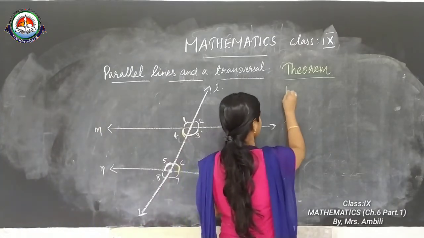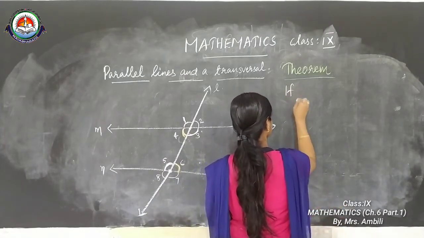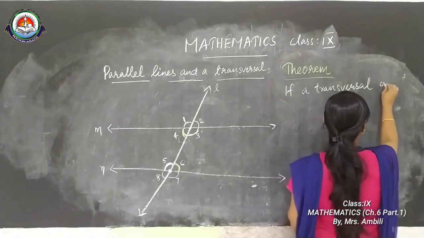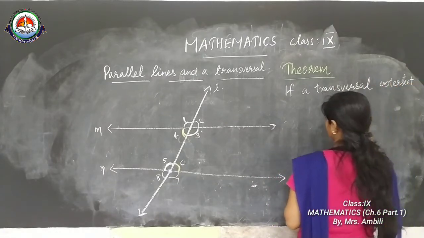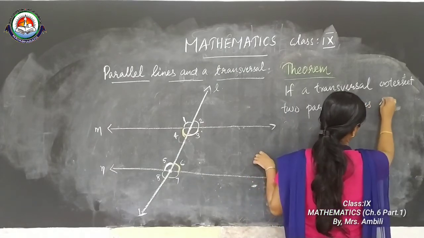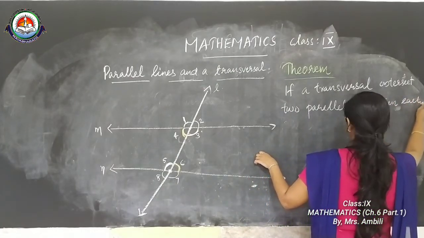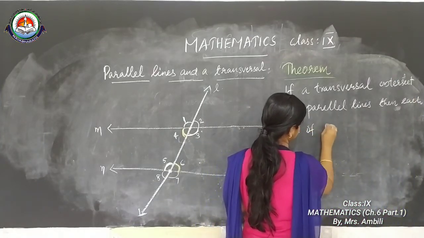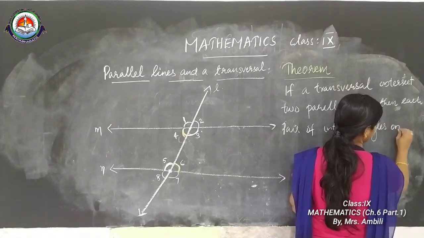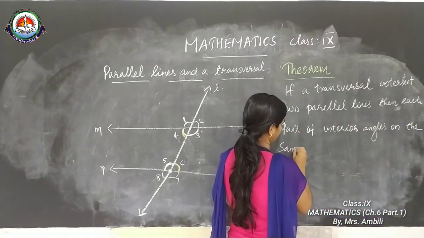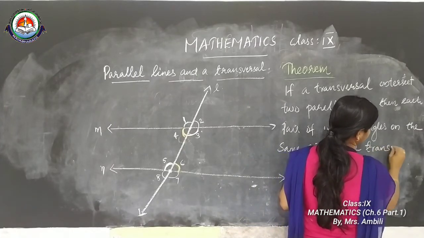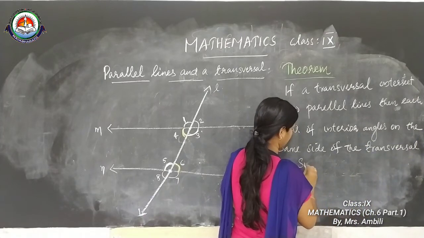Okay, so we can write: if a transversal intersects two parallel lines, then each pair of interior angles on the same side of the transversal is supplementary.